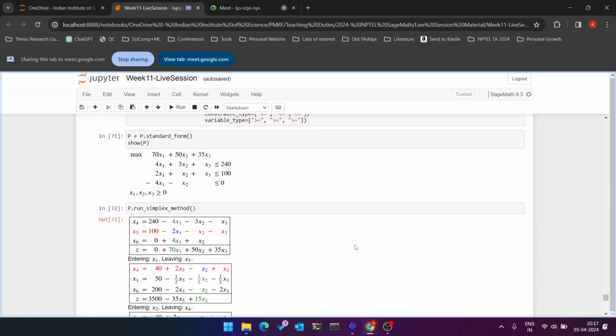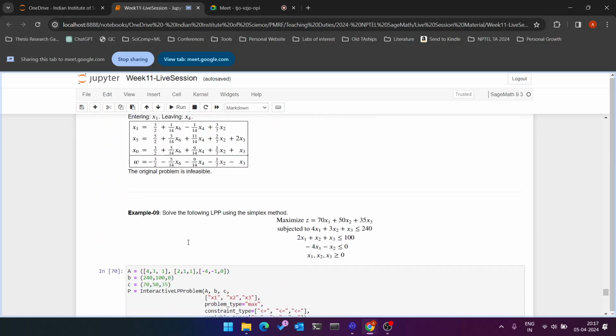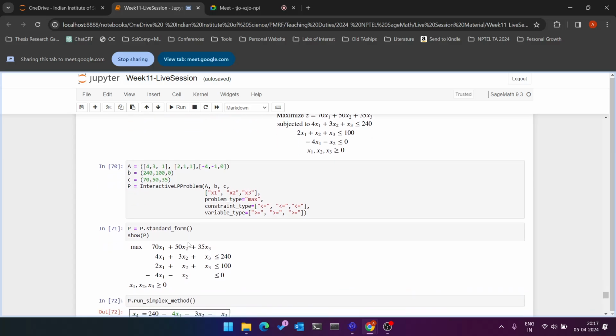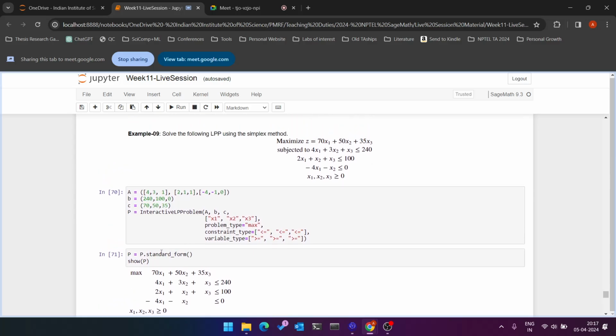There's a very interesting story to how this simplex method was developed.